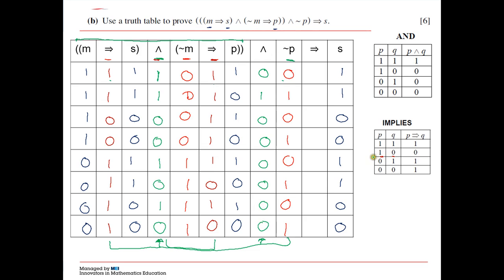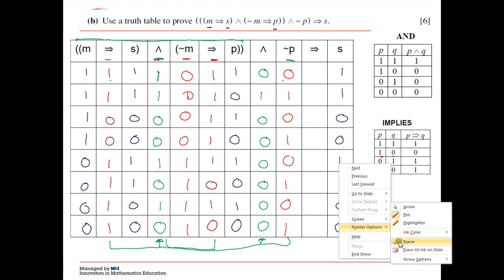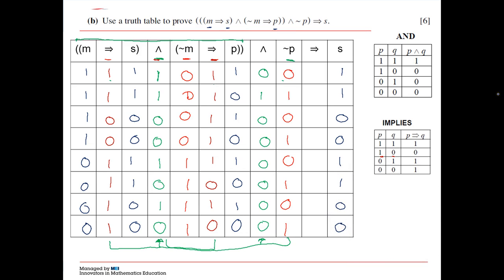And now finally I can get to my last column in the truth table, which is the one where we come up with some kind of conclusion, hopefully. We are looking at the AND there and the S there and saying, what do we get if we have implies that? And again, implies is only a 0 if we've got a 1 followed by a 0.